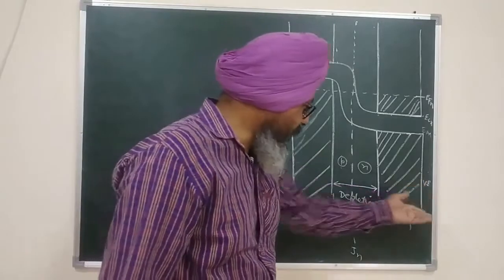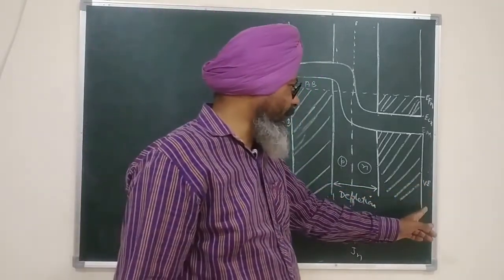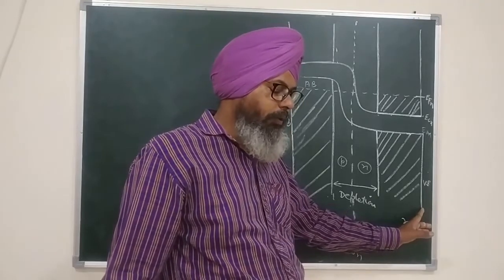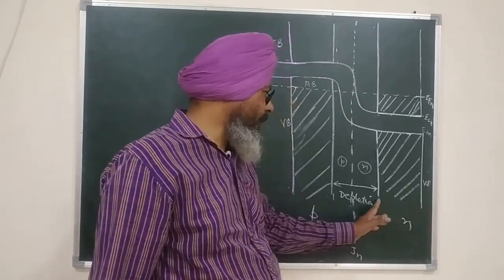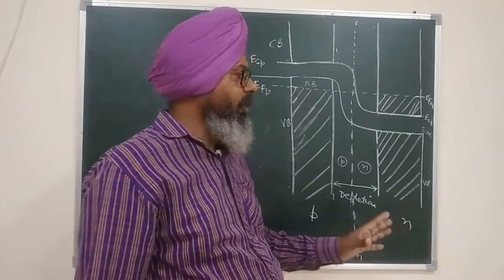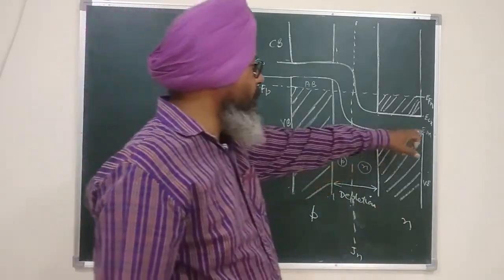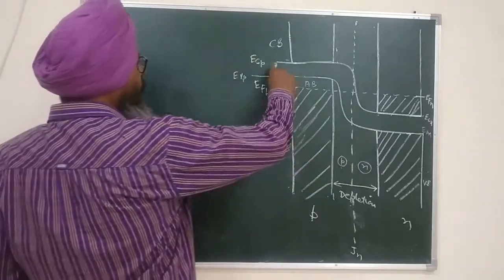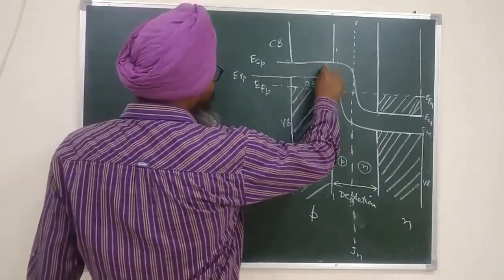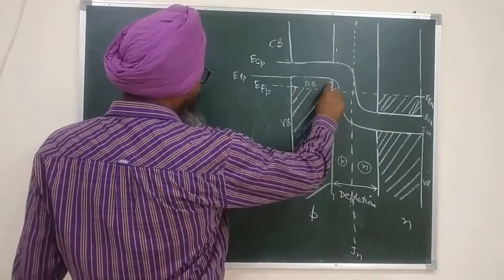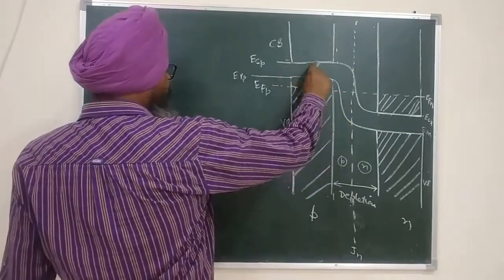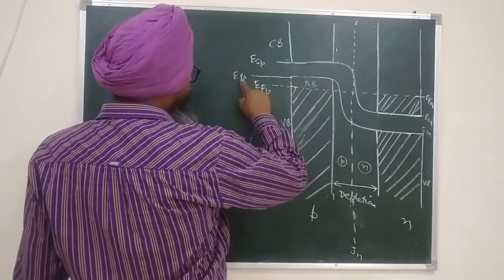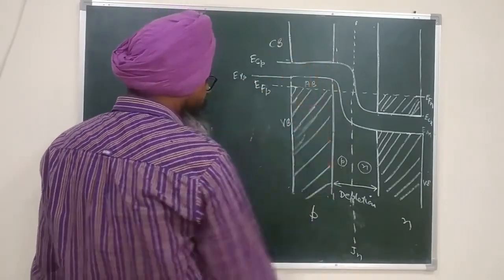Since along the x-axis we have width, if I travel in the region from the boundary of the n-type up to somewhere near this point, there is no change in the energy of the conduction band. Similarly, there is no change in the energy of the valence band. Similarly, on our P side, up to this region this graph is again horizontal, so there is no change in the energy of the conduction band up to this point.